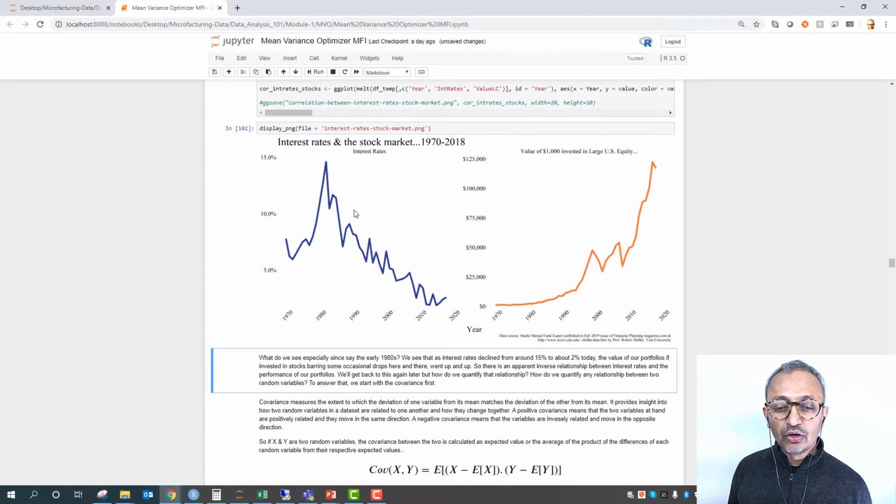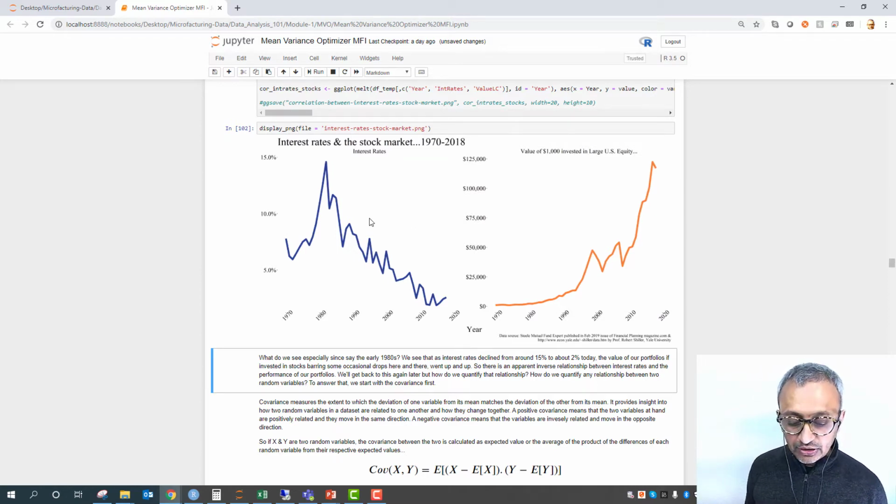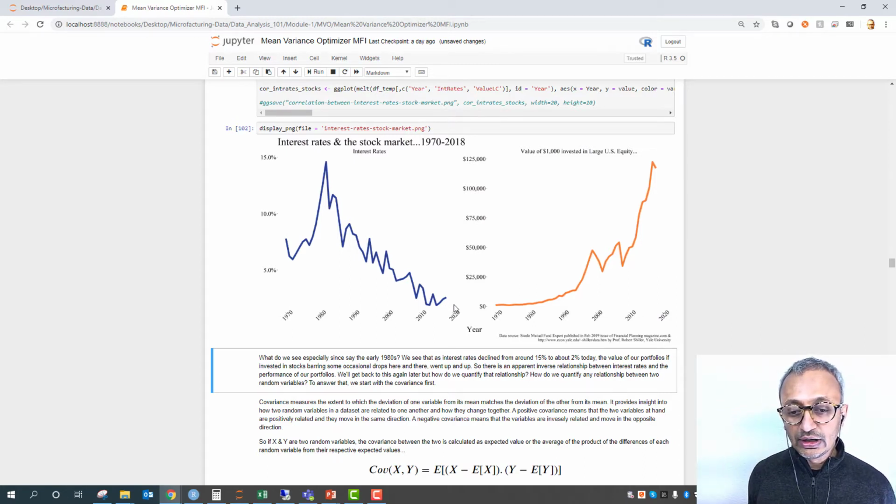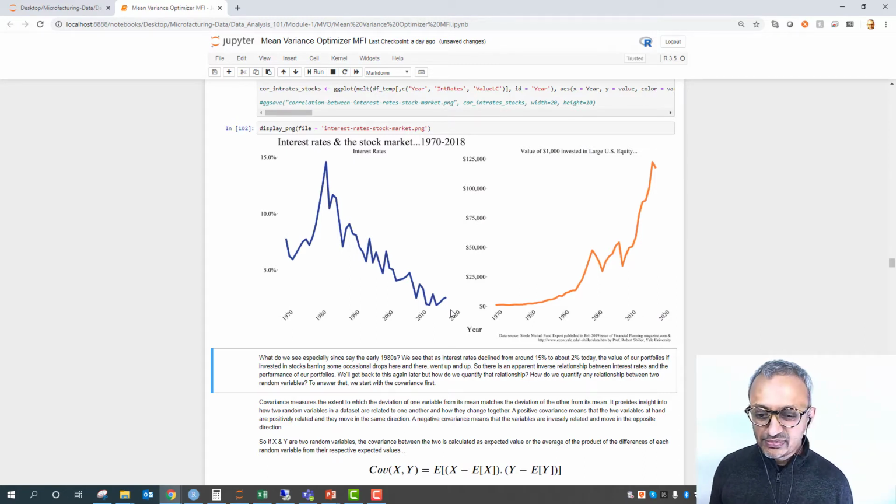From that point on, this country, and probably the world, has seen a relentless decline in interest rates. This one was collected in 2018. Today the interest rates are even lower, almost touching zero.